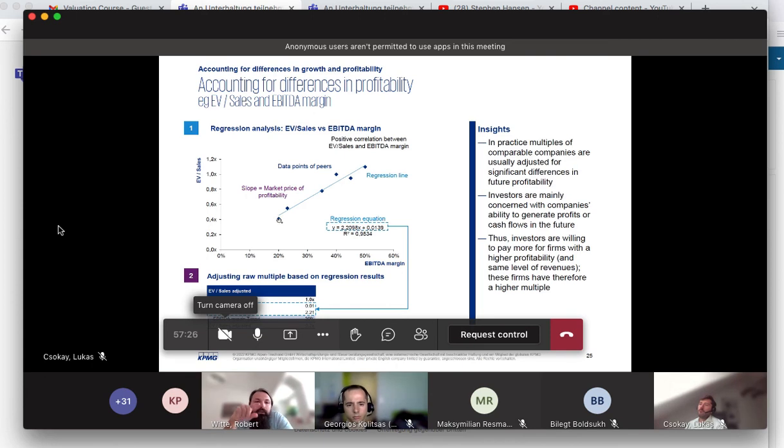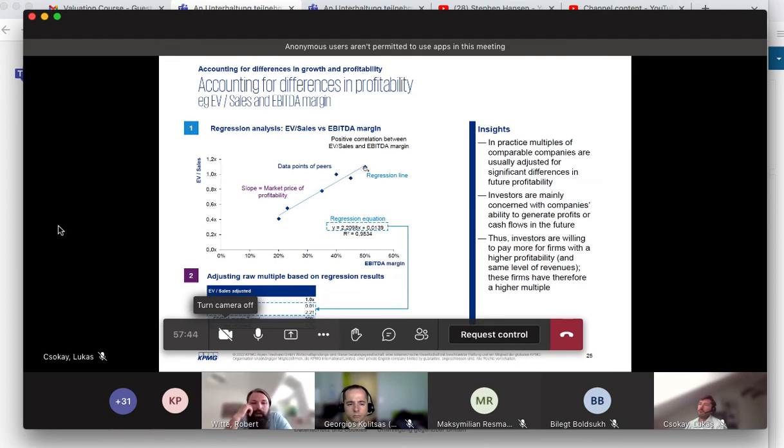Each data point represents a different peer. And in the upper right corner, we have the other company, which has an EV sales of roughly 0.1, right?